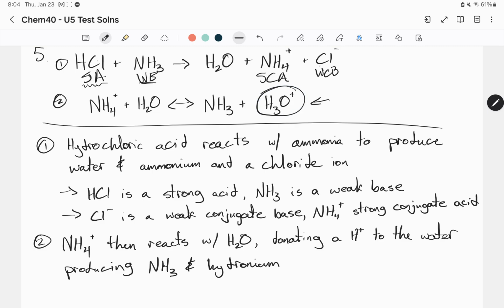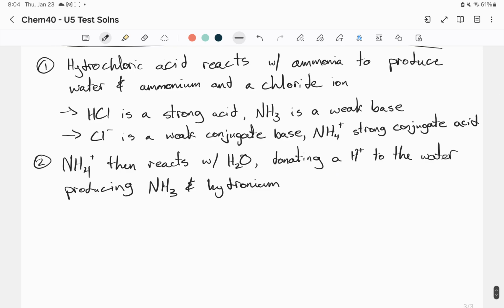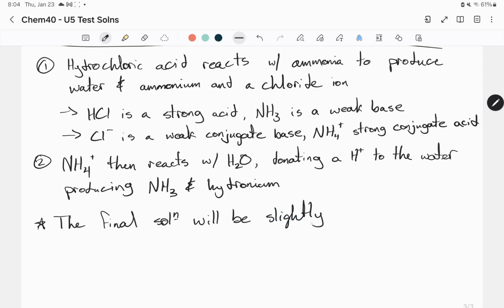This is going to increase the concentration of hydronium ions, so it's going to leave the final solution slightly acidic. And you could have mentioned that the salt is an acidic salt. Okay, so that'll be true.